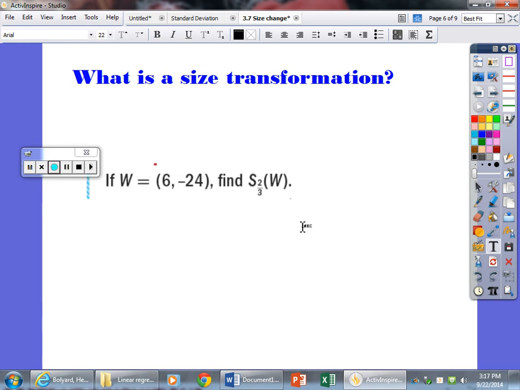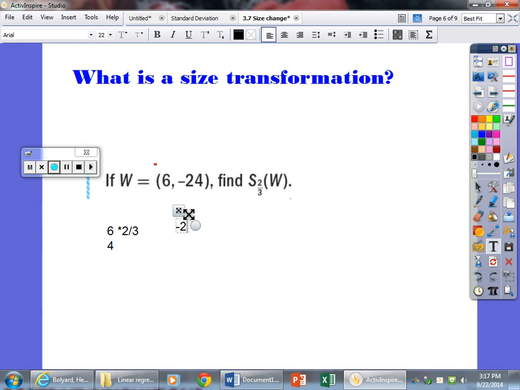Now, what if I want to do a size change of 2/3? Well, what I do is I'm going to take the 6 and multiply the 6 by 2/3. And whenever I multiply 6 by 2/3, I'm going to get 12 over 3, which is 4. And then I am also going to multiply the negative 24 by 2/3.